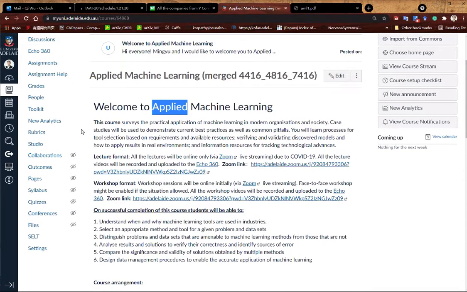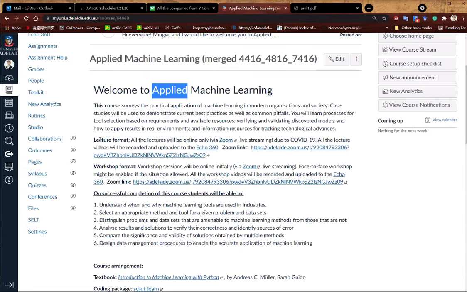So this course is mainly about how we can use machine learning in real industries and in our real daily life. According to the lecture format, as I mentioned, today's first lecture will be online because of COVID-19 restrictions, and we are still waiting for news from the university. Hopefully, next week we can go back to the face-to-face style to give you the lecture.